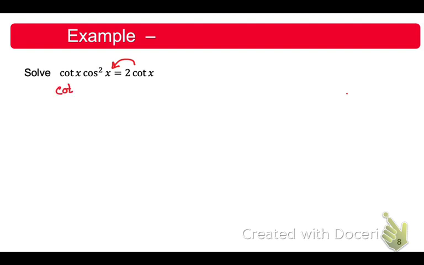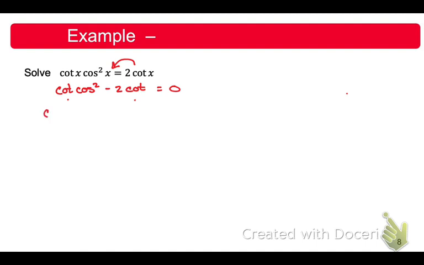So I have cotangent cosine squared minus 2 cotangent equals 0. Would you change the cotangent to cosine over sine and get common denominators? I wouldn't, just because I have a cotangent in both terms. What can I do with it? I can factor it out, can't I? If I didn't have it in both terms, I might go that direction, but here I can just factor it out, make my life easier.